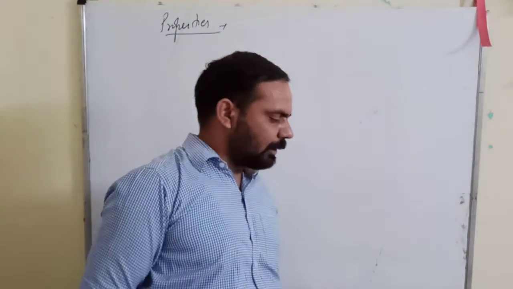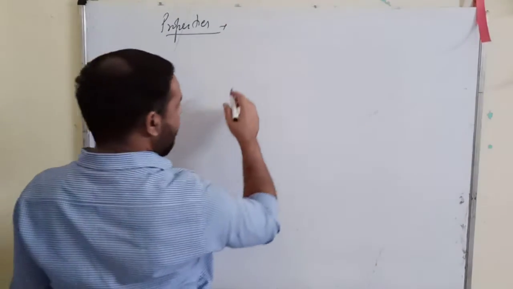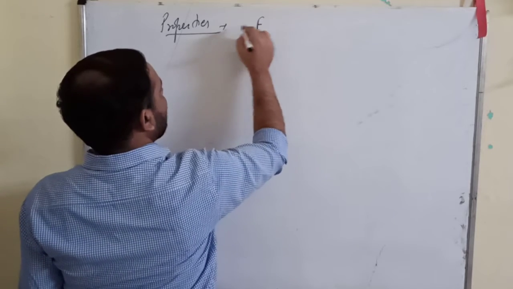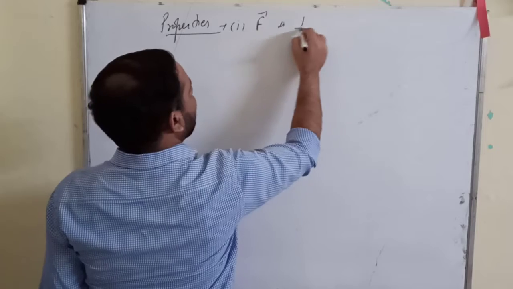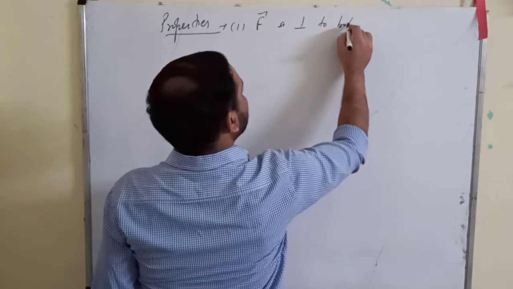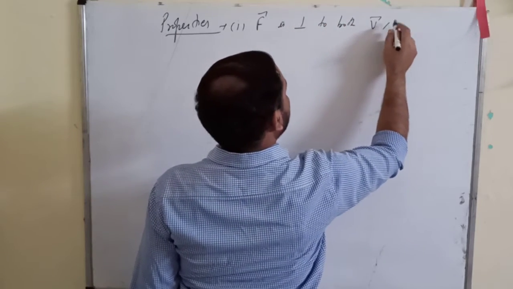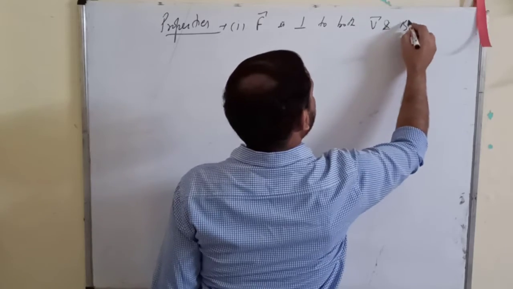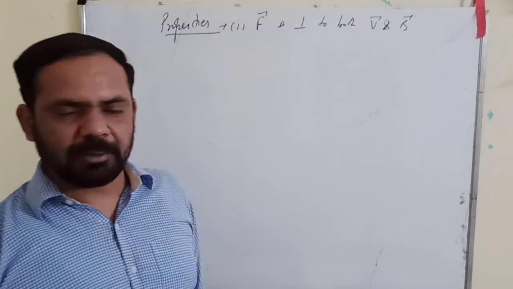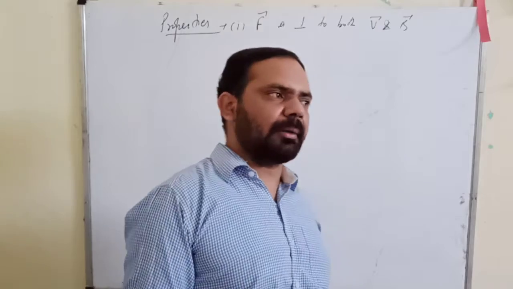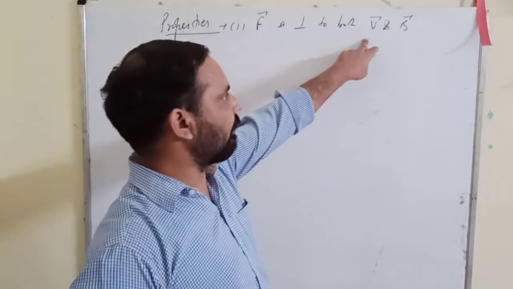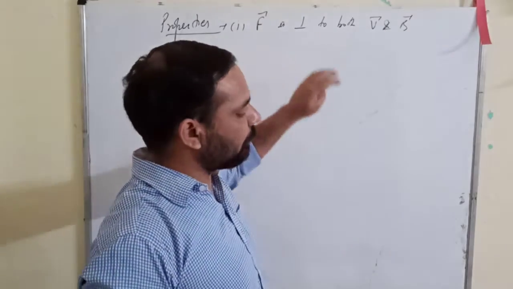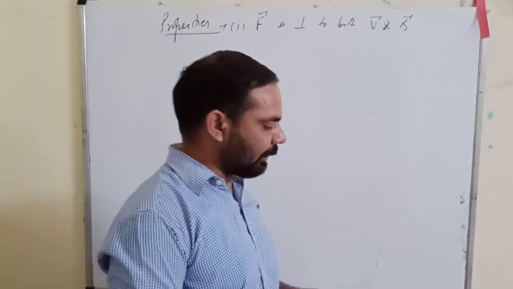First one is that the direction of force is perpendicular to both V vector and B vector. First observation is that the magnetic Lorentz force is perpendicular to both, because it is given by the cross product V vector cross B vector, so it is perpendicular to both V vector and B vector.